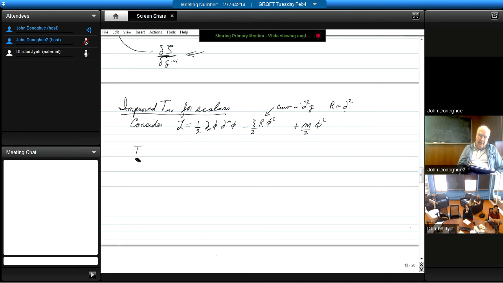The T mu nu that you get out of this, so let me say a couple things first. This R has terms in it that's 2 derivatives on 1 g plus derivatives of g squared. So this is the gamma squared, and this is the derivative of gamma. Okay, so if I take T mu nu in general relativity from this, it's the usual, the canonical.